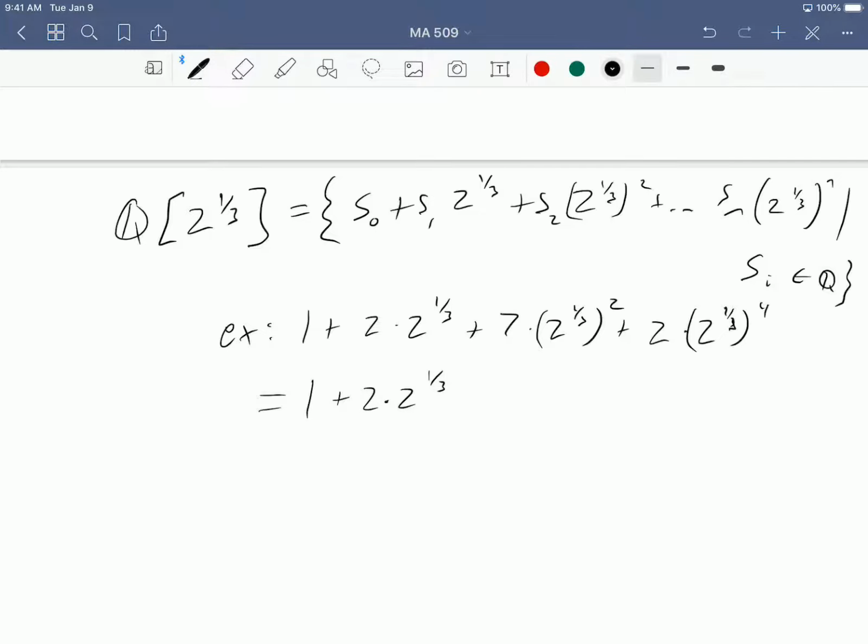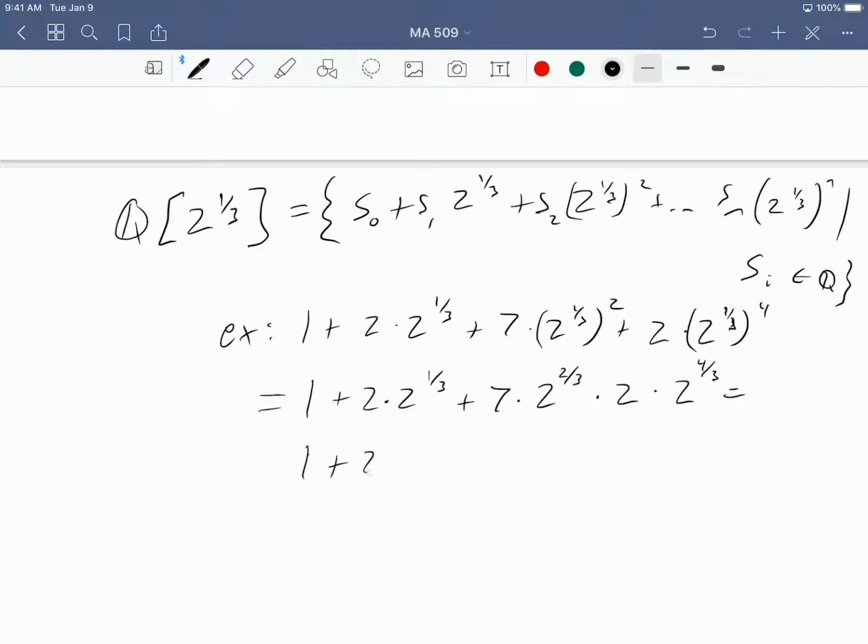I can't really do much to that. 7 times 2 to the 1/3 squared, I can rewrite as 7 times 2 to the 2/3. And 2 times 2 to the 1/3 to the 4th. So that's a 2, and this is now a 2 to the 4/3, which I can simplify.